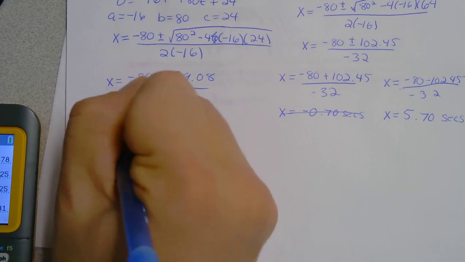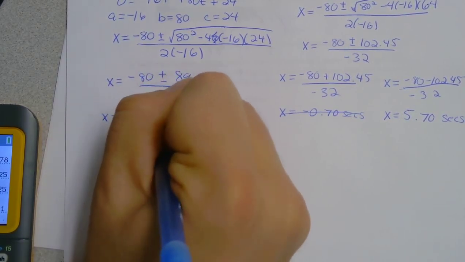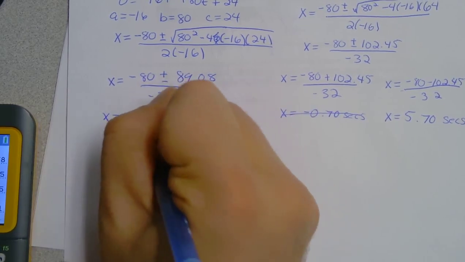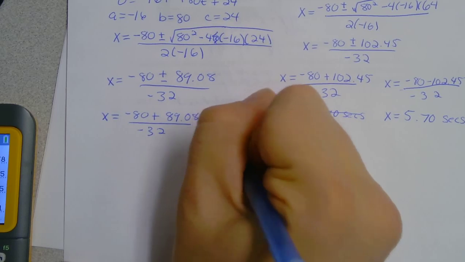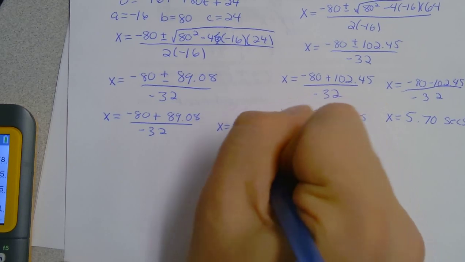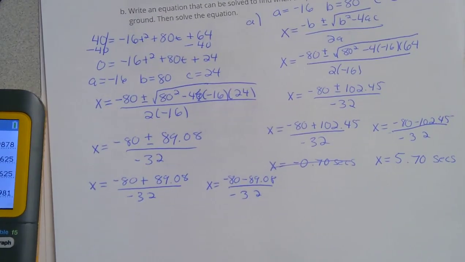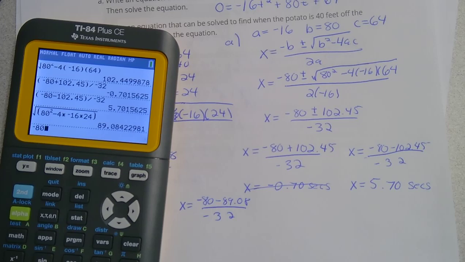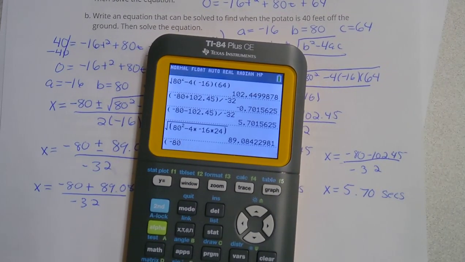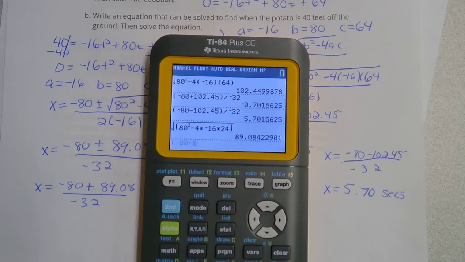So we have two roots, x equals negative 80 plus 89.08 divided by negative 32, and x equals negative 80 minus 89.08 all divided by negative 32. Let me just put in my parentheses. So negative 80 plus 89.08, then divided by negative 32.